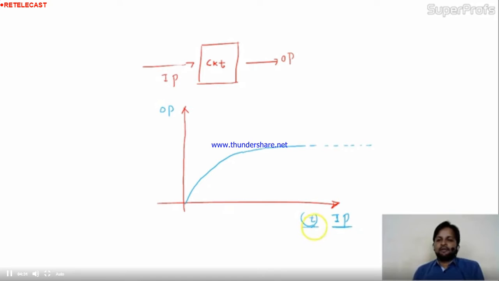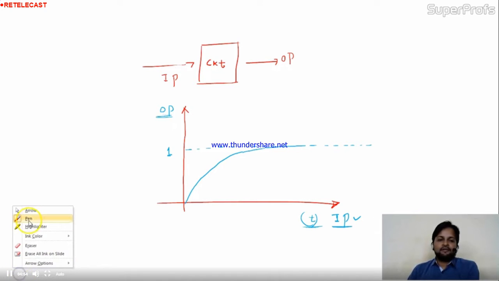The input we are applying with respect to time. The maximum output is 1, suppose. So, see friends, while applying the input to the circuit, we are getting the output, and the relation between output and input is given by this graph.